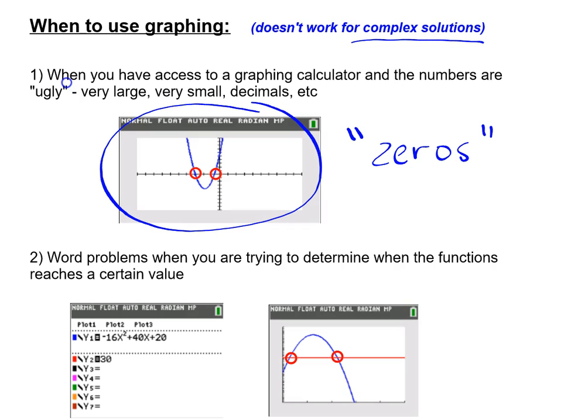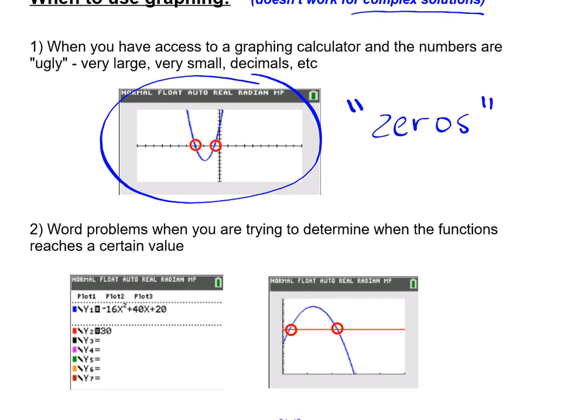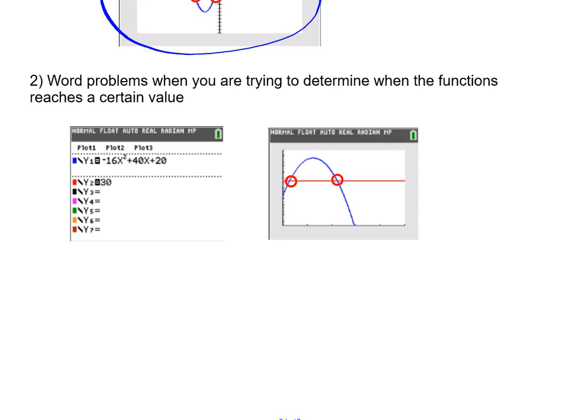Another one is when we have a word problem and you're trying to determine when the function reaches a certain value. What I mean by that is, say someone has thrown something up in the air and this is the equation for the path it takes, that's the blue one, and I want to know when it reaches a height of 30.